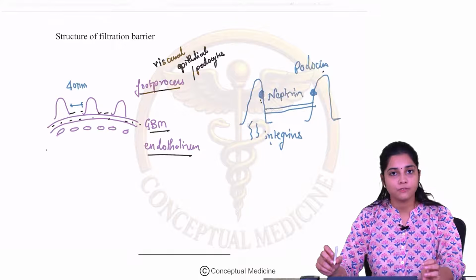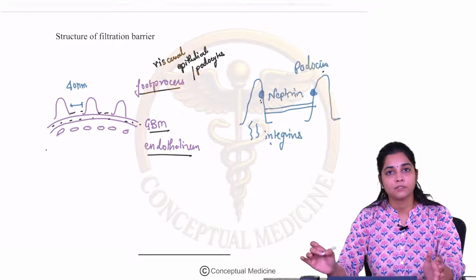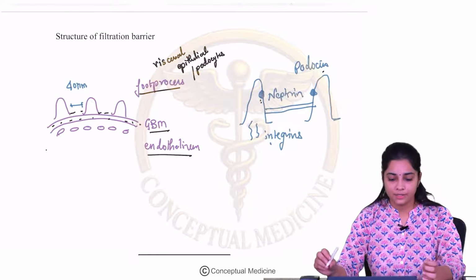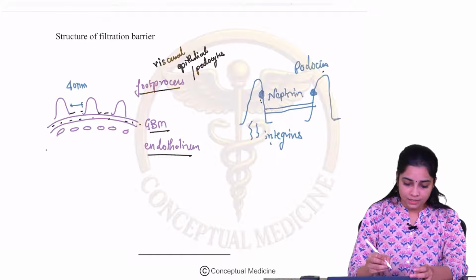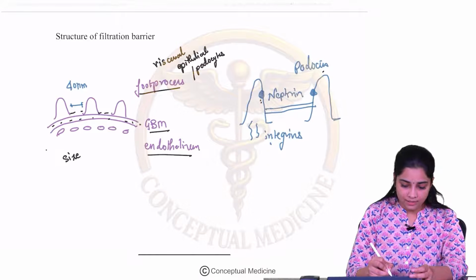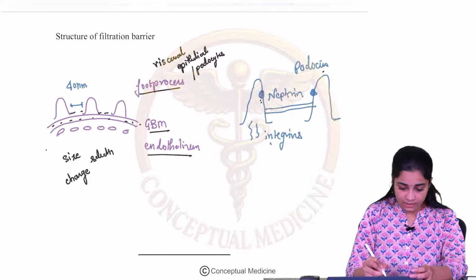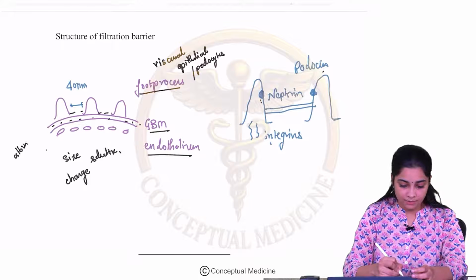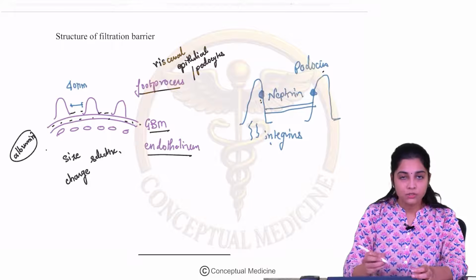So these podocyte foot processes along with your glomerular basement membrane and endothelium comprise the filtration barrier. What is the importance of this filtration barrier? It is size as well as charge selective. Let us take the example of albumin.